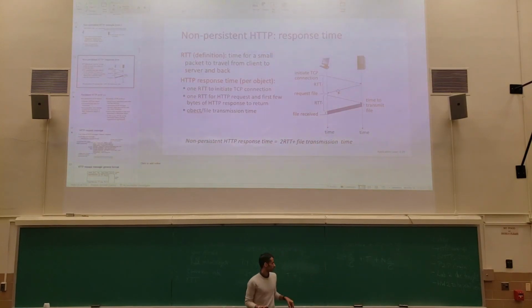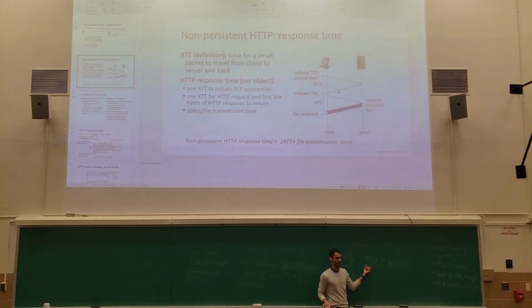So that's the difference. Here, you have 2T times N. Without pipelining, you still have half of that, T times N. But with persistence and pipelining, you have removed the NT dependence entirely.